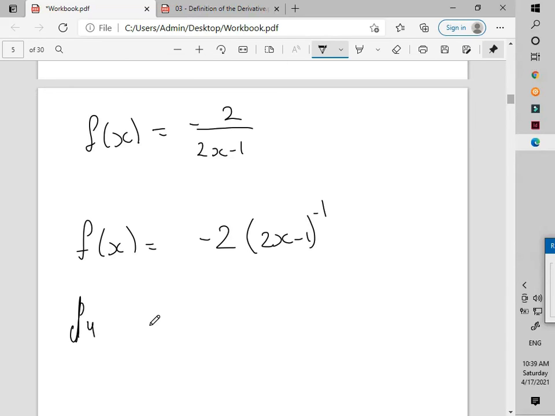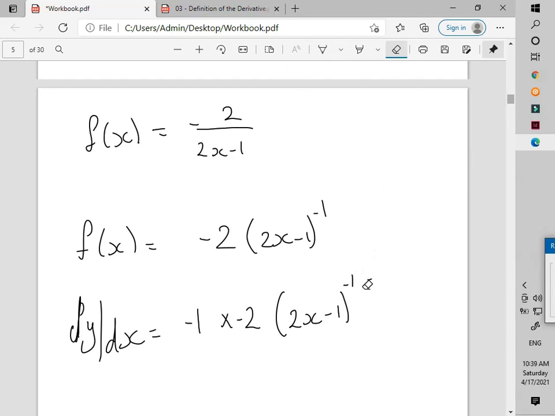Now dy upon dx is equal to minus 1 times minus 2 of 2x minus 1 to the minus 1 minus 1, times the derivative of what's in the bracket, which is going to be 2.